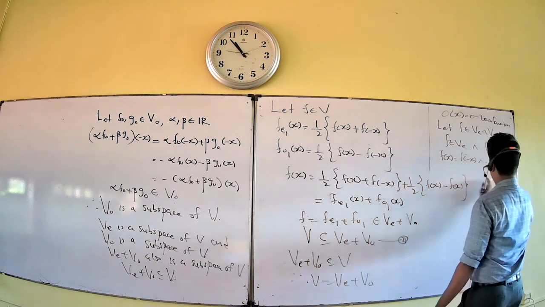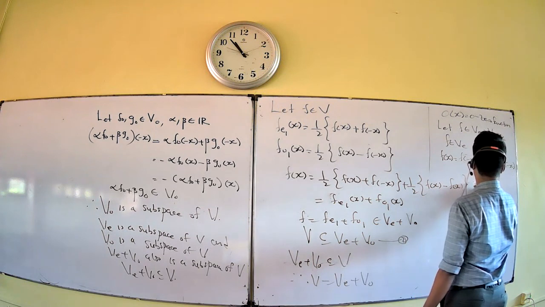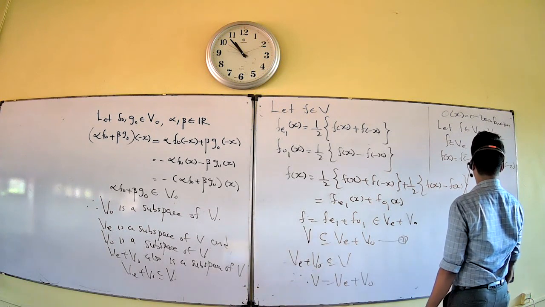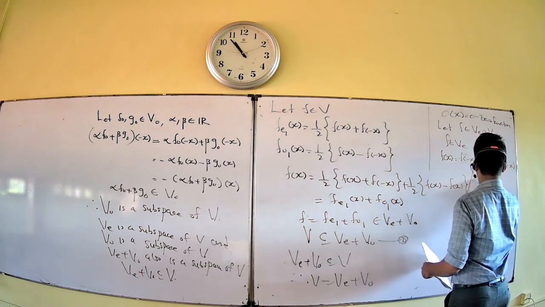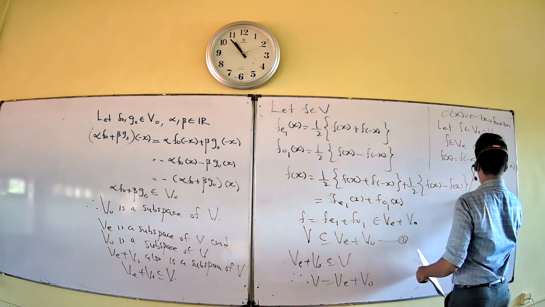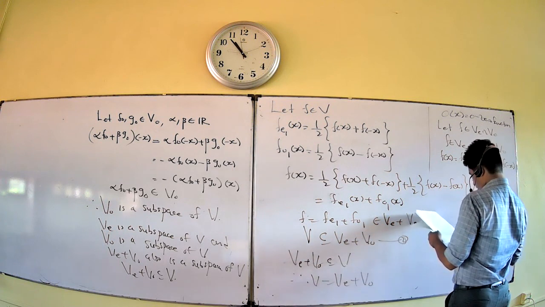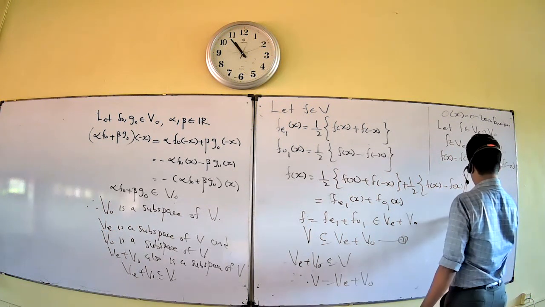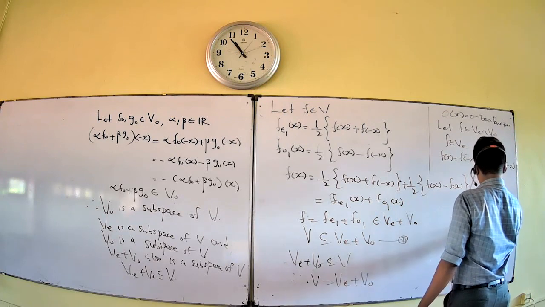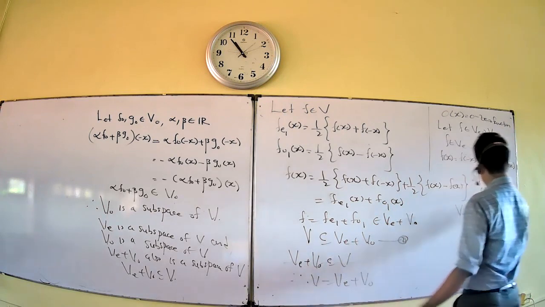So adding these two, you get 2 f of x equals 0, then f of x equals 0. Zero means the zero function. Okay, that means f is 0, so V_E intersection V_0 is the singleton zero function.